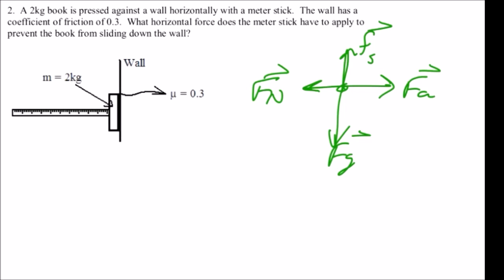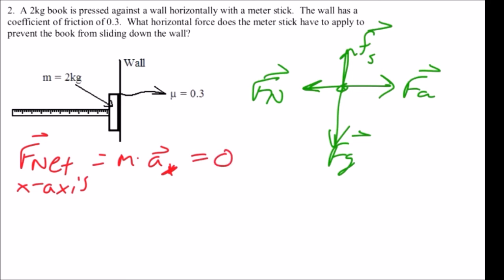All right, so what axis are we playing with? The x-axis. What do you want to do? F-net statement. So we're going to say F-net in the x-axis is equal to what? What kind of acceleration? In the x-axis. Very good. Now, what's the acceleration of the book in the x-axis? 0. So all that's 0.